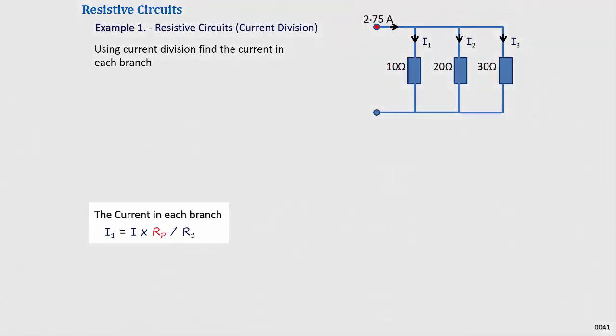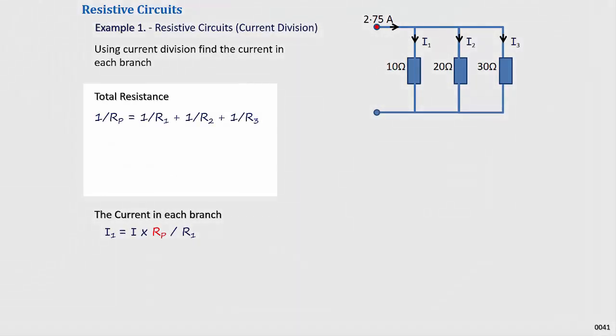The formula to calculate the branch current I1 is the total circuit current I times the total parallel resistance Rp divided by the branch resistance R1. We know the value of I and R1, but we need to calculate the value of Rp. So, 1 over Rp equals 1 over R1 plus 1 over R2 plus 1 over R3.